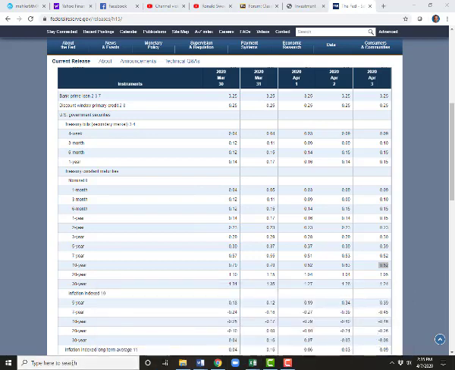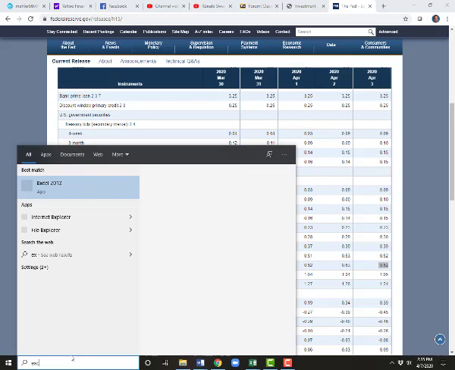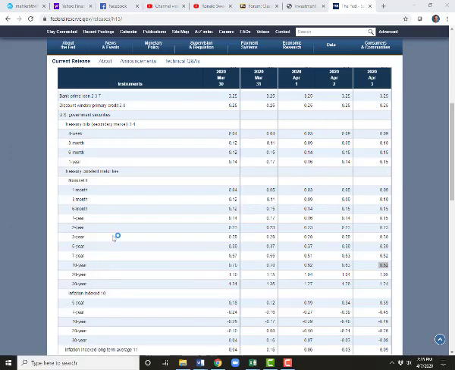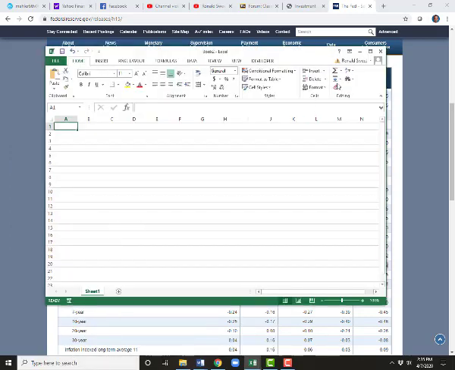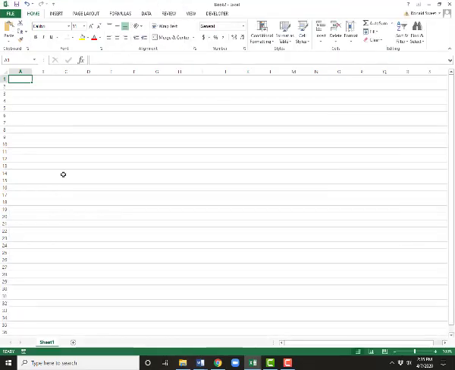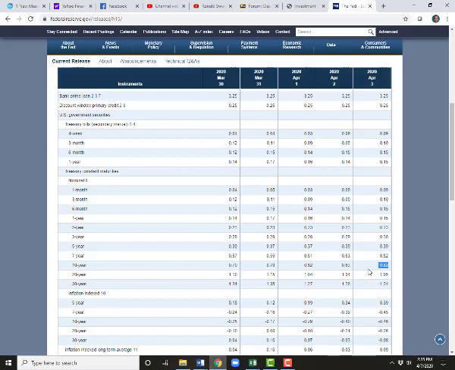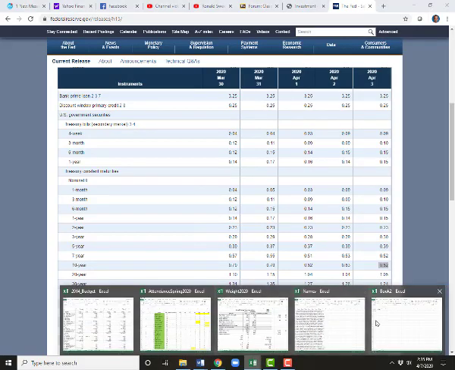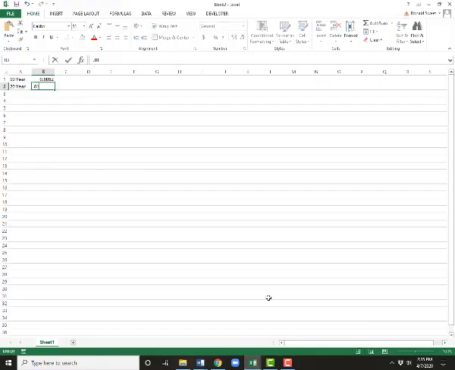The 20-year is 1.05, the 10-year is 0.62. So the 10-year is 0.0062, and the 20-year, I've already forgotten, I have to go back and look, 0.62 and 1.05. So we look at those two.